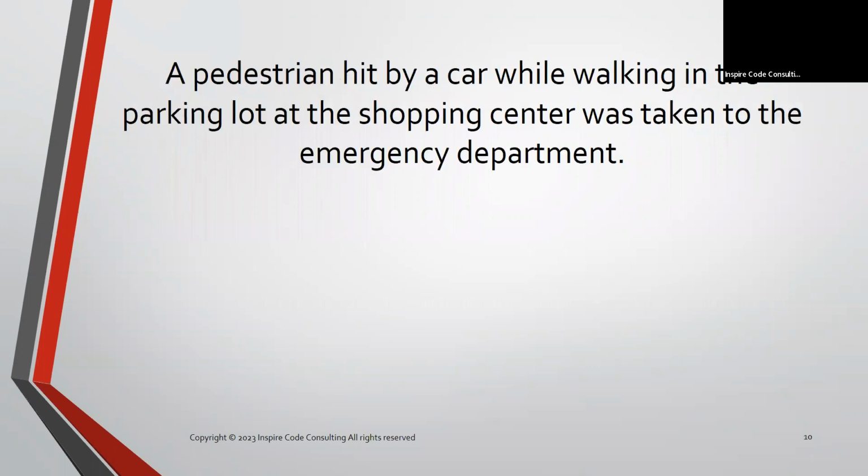Number 2, a pedestrian hit by a car while walking in the parking lot at the shopping center was taken to the emergency department. Now, in this particular scenario, we don't have the injury, but we can tell what happened to the actual patient. It was a pedestrian who was walking, and he was hit by a car while he was in a parking lot at a shopping center.